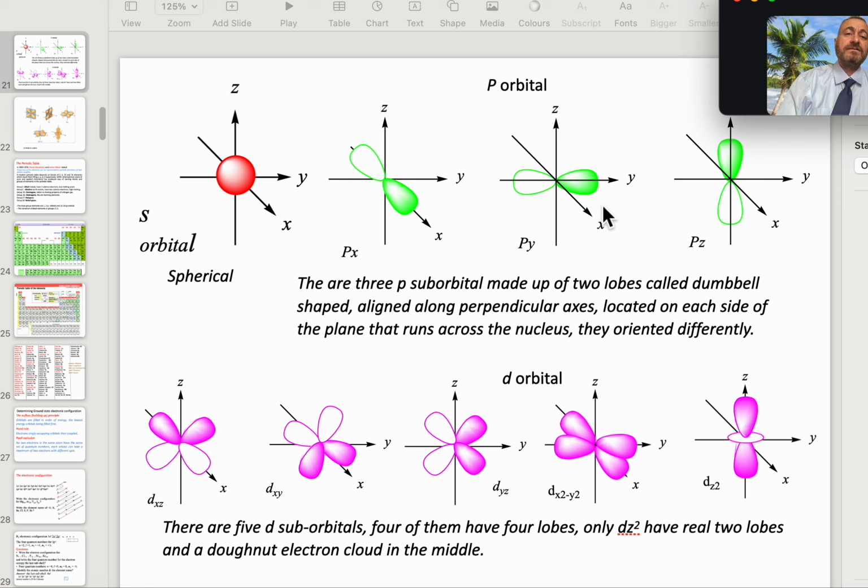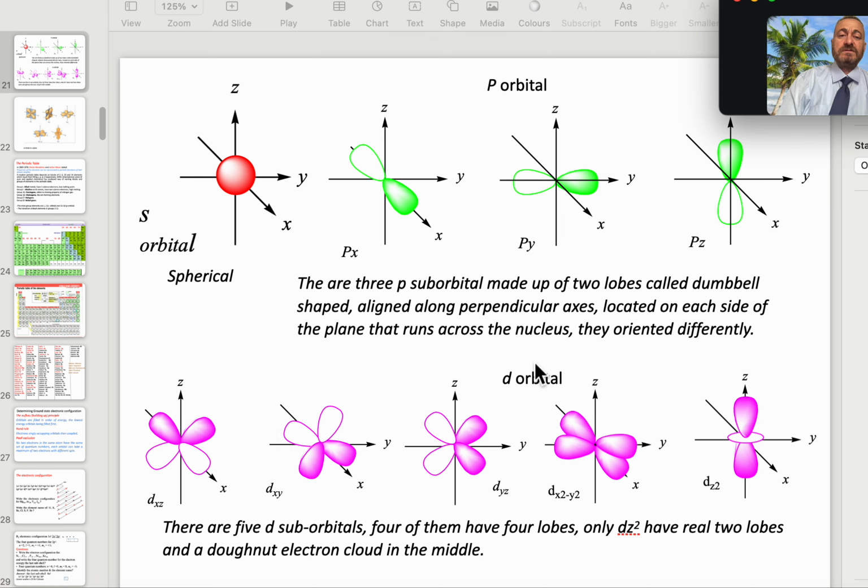The py is perpendicular to the y-axis. Two loops. And the z-axis here, as you see, is perpendicular. The orbital is aligned perpendicularly on the z-axis. It means the orbital is here. It cannot go in a different direction.